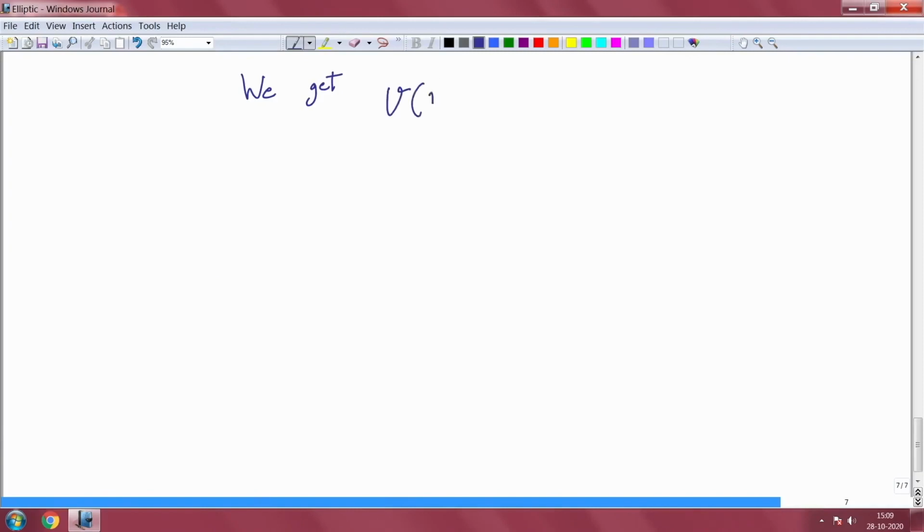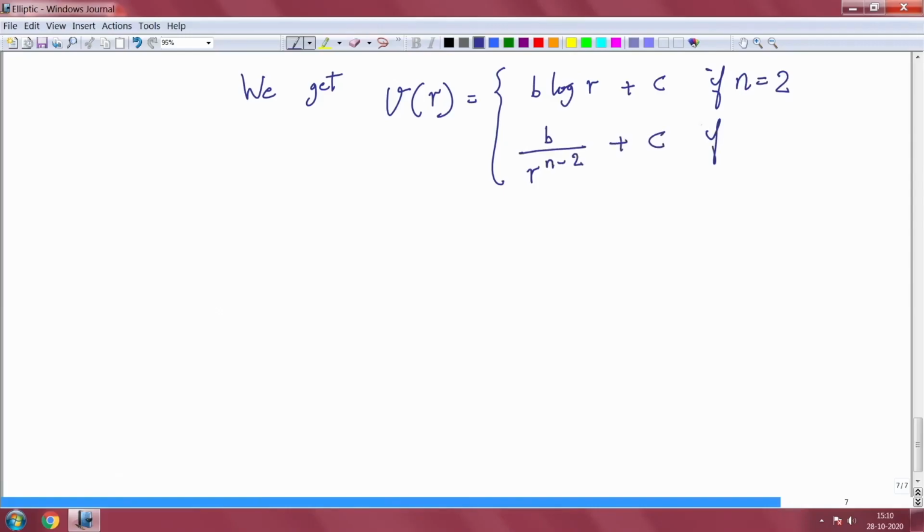You get v of r, you have to solve it separately, this is a second order equation, so you will have two solutions: b log mod x, or log r, plus some c in the 2 dimensional case, and this is equal to some b by r power n minus 2 plus c if n is greater than or equal to 3, where b, c are constants.